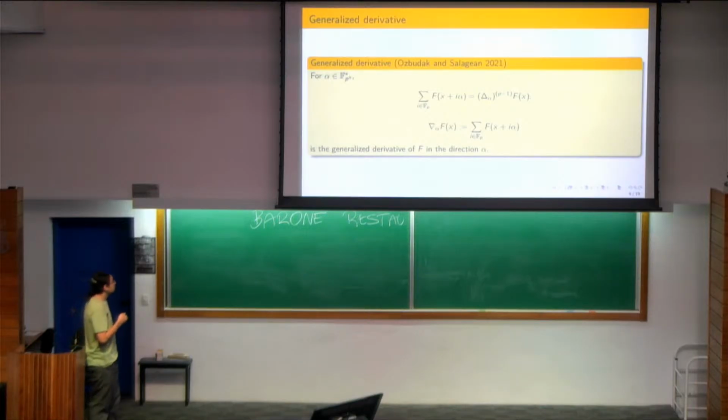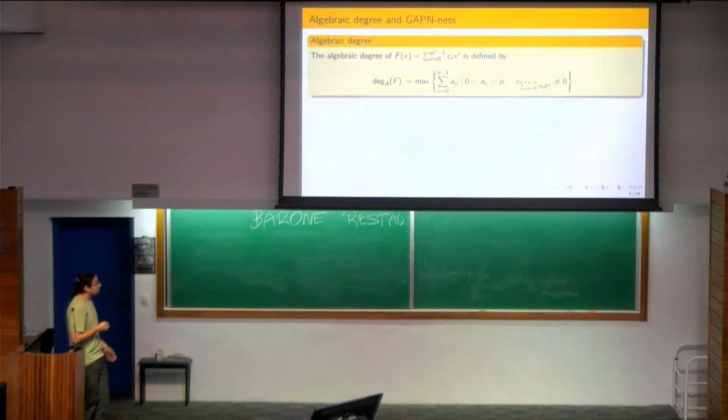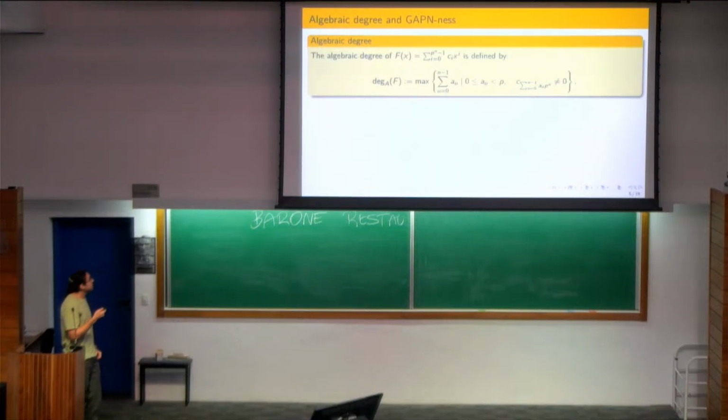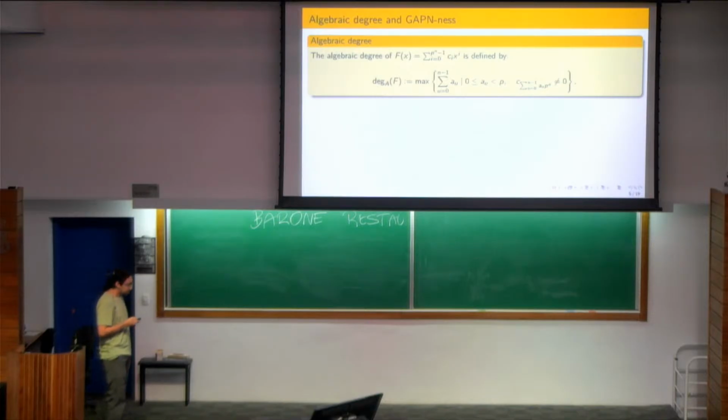The discrete derivative and the generalized discrete derivative have an impact on the algebraic degree of functions. The algebraic degree of a function f is just the multivariate degree when we see the function as a vectorial function over the space Fp to the power of n.